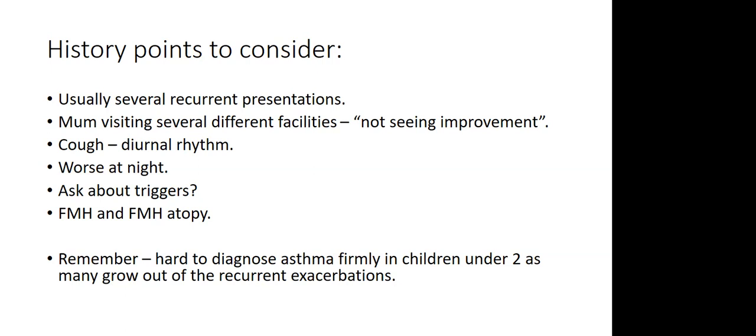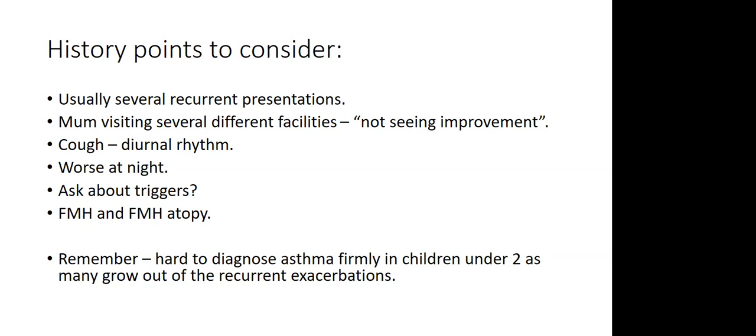And one point I want to put in as well, in children under 2, you cannot really say that they have asthma. The reason for that is they will usually grow out of the wheezy attacks. They'll have these wheezy times where the child starts to breathe fast, they get the wheeze, but then as they get older, that will start to fade away.